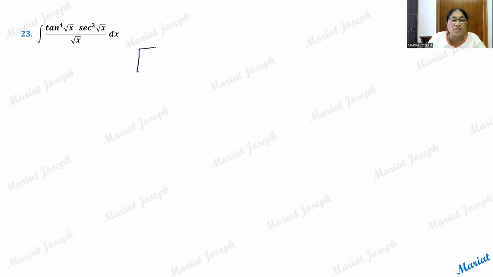You take the substitution tan of root x. Take tan of root x as the substitution. Don't take the power. Only u equal to tan of root x. Okay. Kushi, what is the derivative of tan of root x? Sec square root x into 1 by 2 root x, into dx.